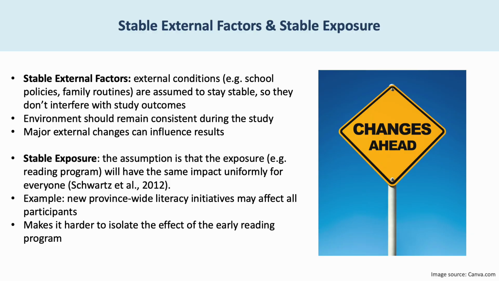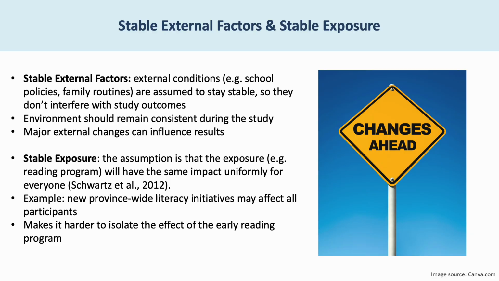So, for example, if we're studying the effects of an early reading program over 2 years and partway the school board introduces a new literacy-based curriculum or reading app access, it could improve reading outcomes for all students. And this would make it harder to tell whether the gains came from the reading program or from the new initiative. And this ties into the idea of stable exposure, which means that the program or intervention should have similar impact across all participants.